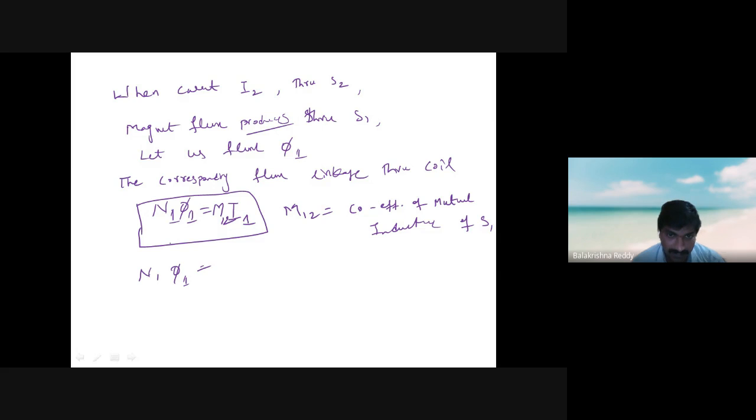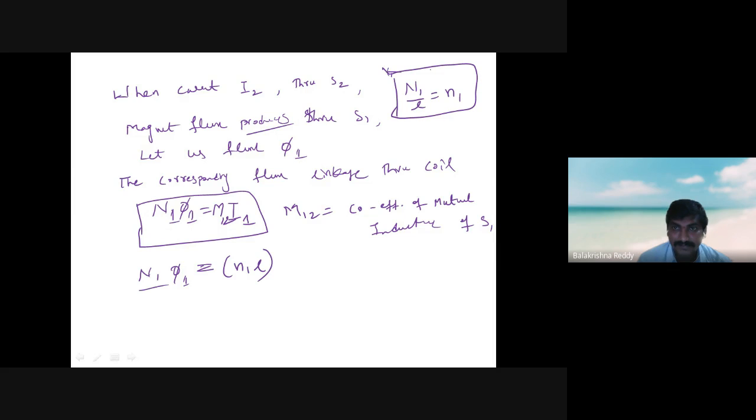So I can write the number of turns per unit length as N1 by L, since we have studied in the solenoid that N1 by L equals n1, right? So I can write like this.